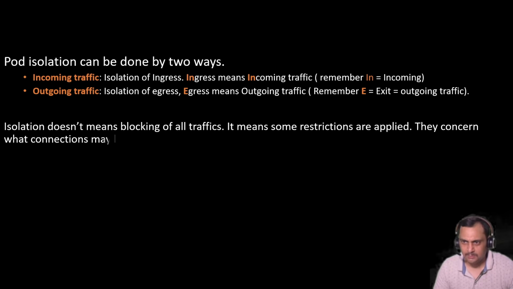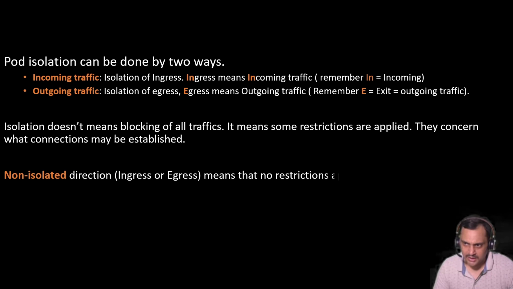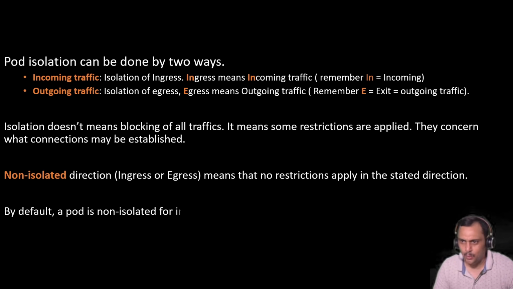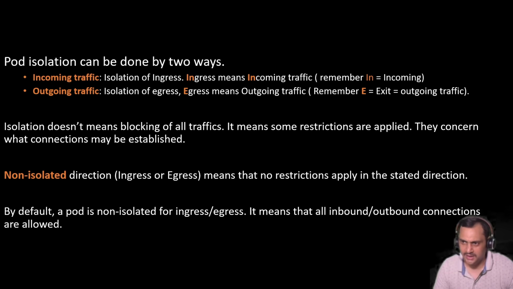It means some restrictions are applied. They concern what connections may be established. Non-isolation in a direction, ingress or egress, means that no restrictions apply in that stated direction. By default, a pod is non-isolated for ingress and egress. It means that all inbound and outbound connections are allowed.